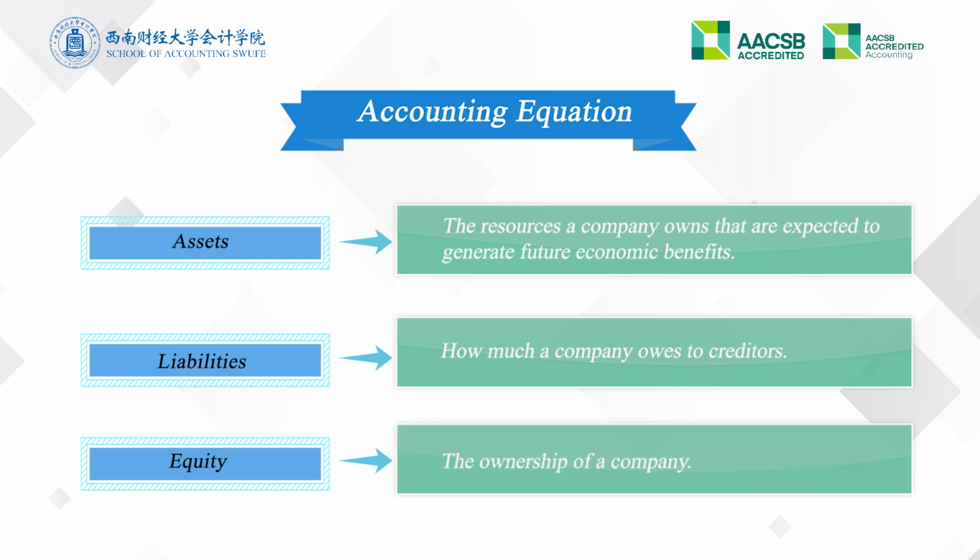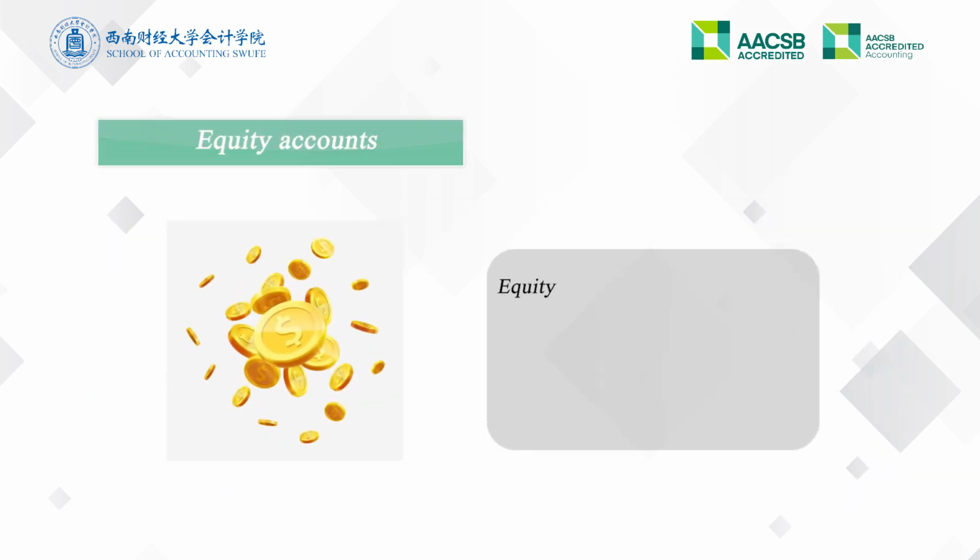Equity accounts record the ownership of a company, which shows how much the owners invested in the company. Equity equaling assets less liabilities means the equity is left over after creditors' claims on the assets.